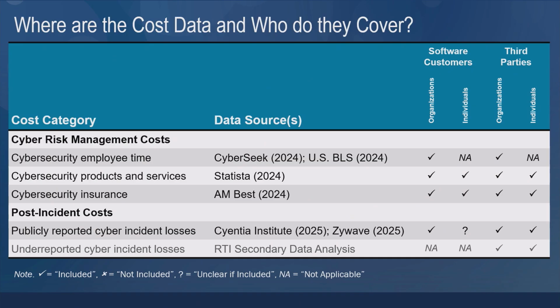And then current theoretic best in class for publicly reported cyber incidents is from Scientia using Xywave data. It was Advisen, rebranded to Xywave this year. So we use that for these post-incident costs. And then all these underreported things going to third parties is a focus of a secondary paper. I have a little preview for you at the end. But this involved us doing some creative research.